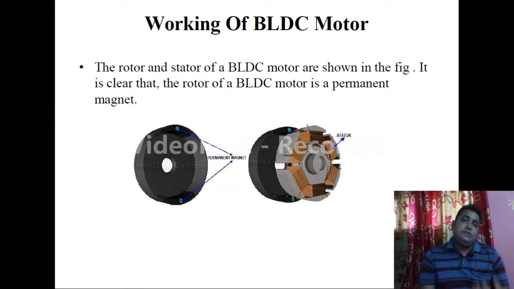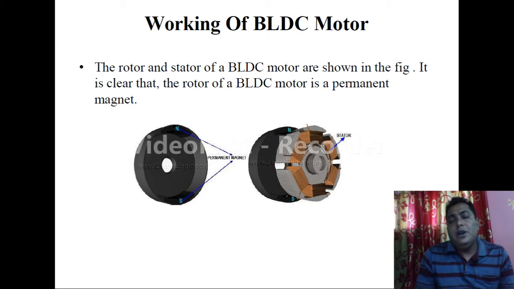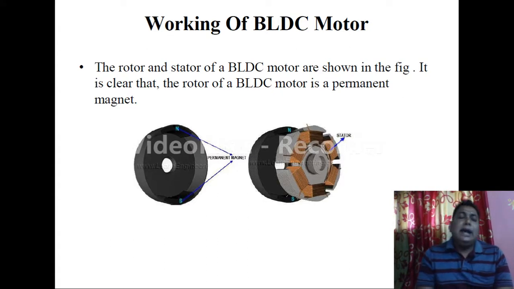Now how does it work? We are going to look at the working principle of this BLDC motor. The rotor and stator of a BLDC motor are shown in the figure. It is clear that the rotor of a BLDC is a permanent magnet. Now here is a very interesting thing.